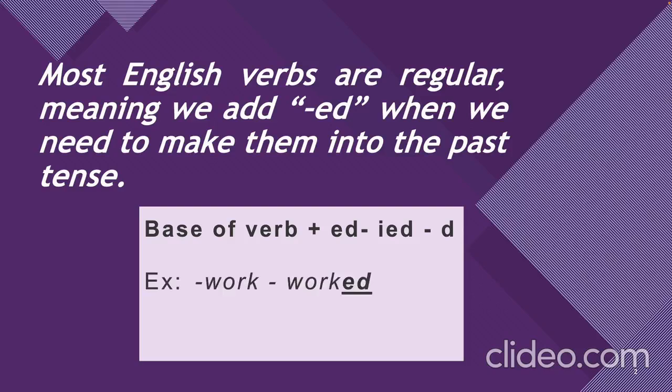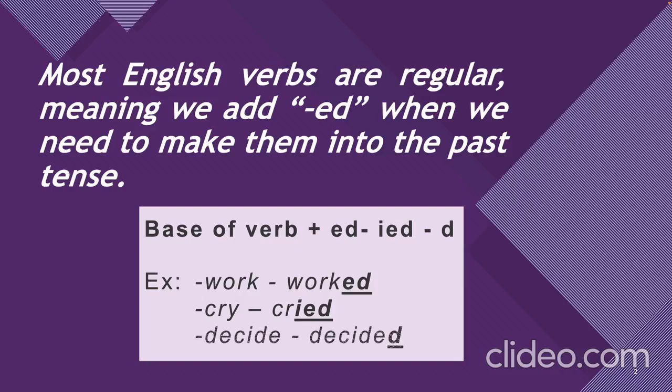For example, work: we have a K right there, and so worked, it simply ends with ed. Cry instead: we have an R, and then a Y. Because there is a consonant before the Y, the Y turns into I: cried.